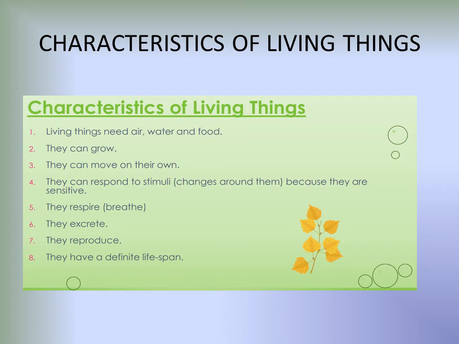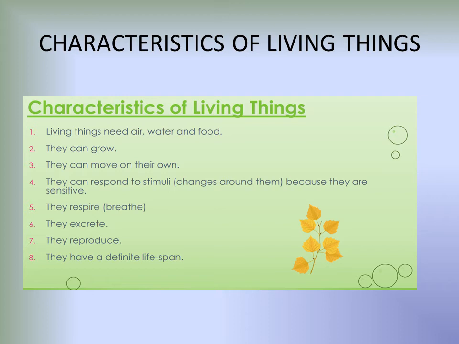What are characteristics? Living things can be differentiated from non-living things by various characteristics. For example, living things need air, water and food, but non-living things don't need this. Living things grow, non-living things don't grow. They can move on their own. Living things show movement or locomotion.